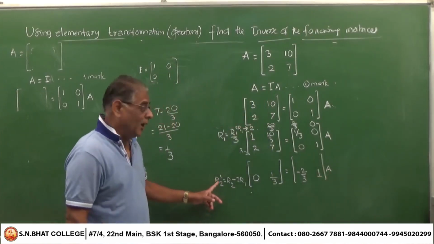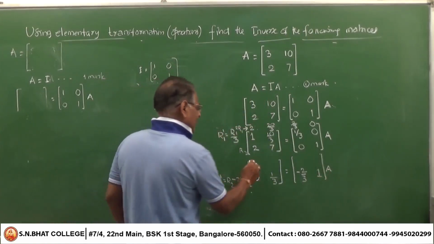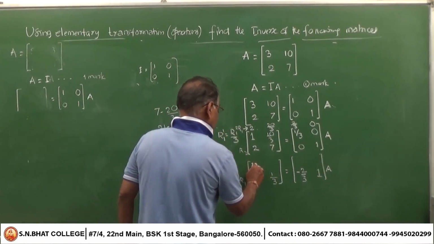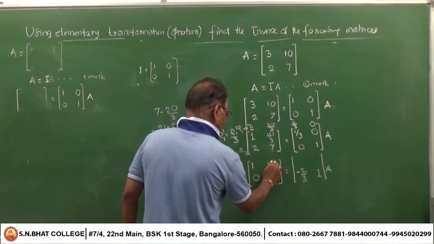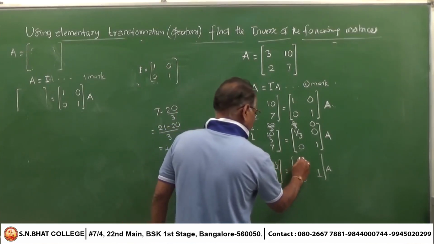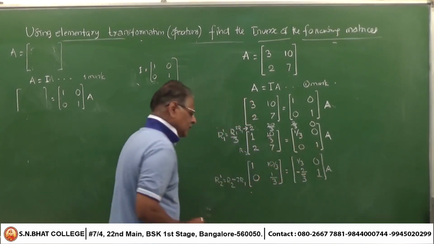I have changed only R2. I have not touched R1. Write R1 as it is: 1, 10 by 3, 1 by 3, 0.